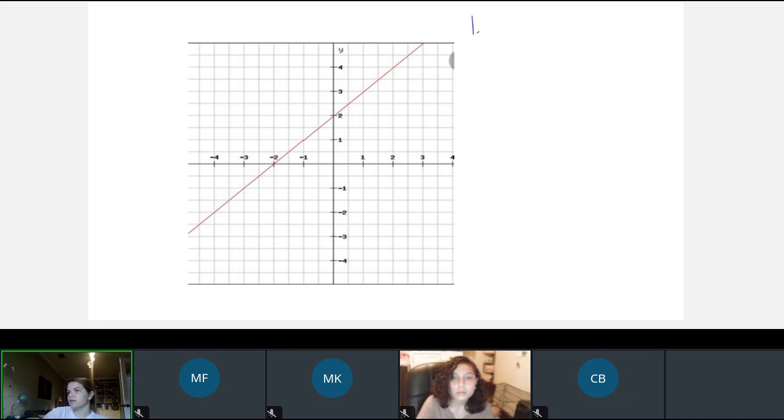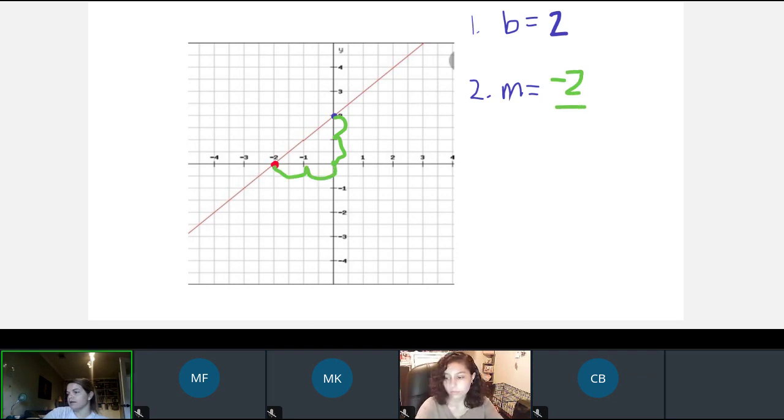Step 1, find your y-intercept. Step 2, find your slope. Good, so here's my y-intercept at positive 2. Find another point that it crosses. I'm going to choose this point down here. Count your rise over run. I went down 2, so that would be negative 2.